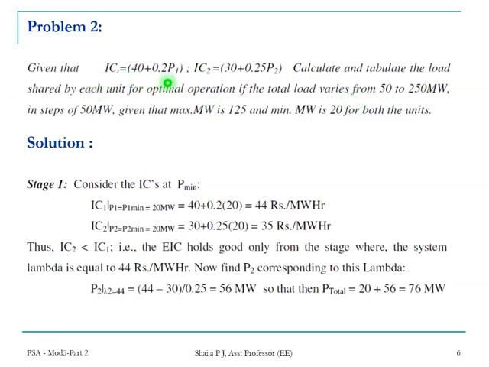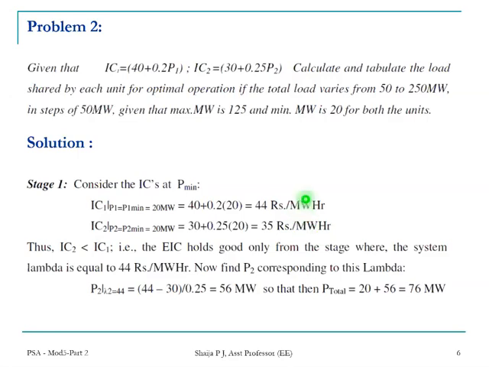IC1 corresponding to P1 equal to P1 minimum, that is 20 megawatt, will be 40 plus 0.2 into 20, so you'll get 44 rupees per megawatt hour. Similarly, IC2 for the minimum generation of 20 megawatt will be 30 plus 0.25 P2, so you'll get 35 rupees per megawatt hour.